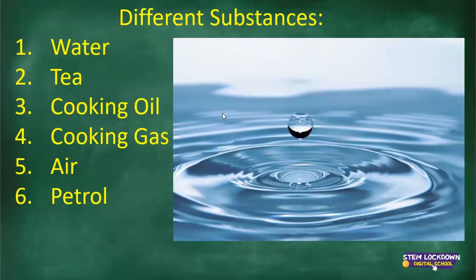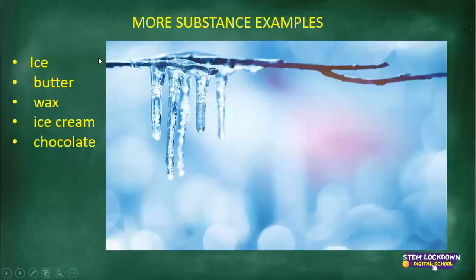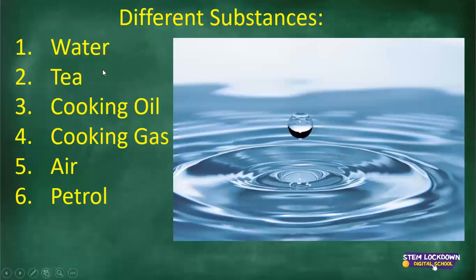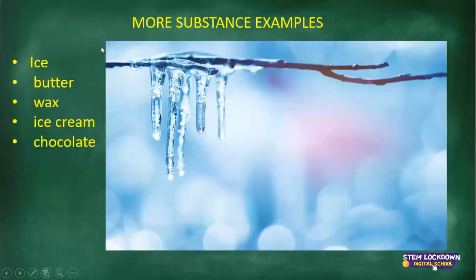These substances can either be solid or liquid. So tell me, things like butter or wax, are they solid or are they liquid? Solid, 100%. Butter and wax can be solid. And what happens if you heat them?